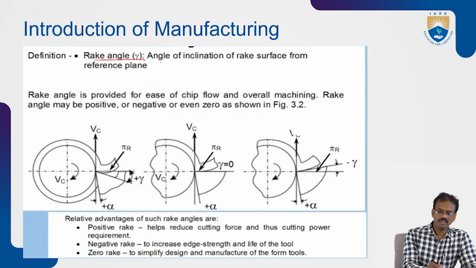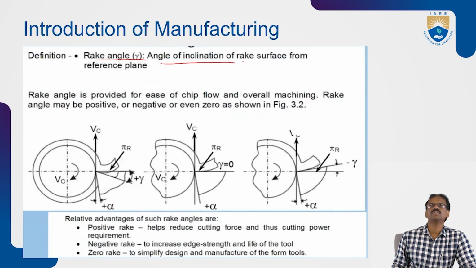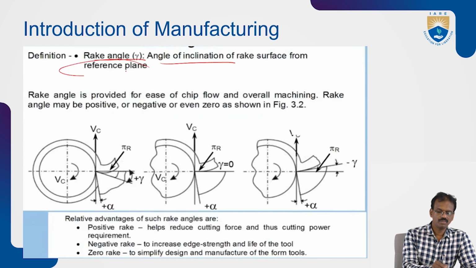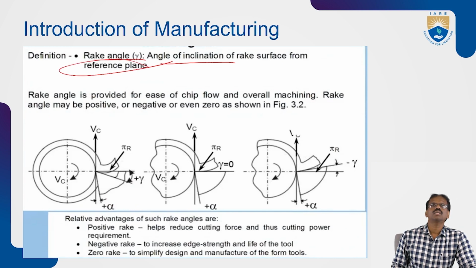Rake angle is the angle of inclination of the rake surface, the top face of the tool bit, from the reference plane. Rake angle is provided for ease of chip flow, easy chip sliding on the face while machining is performed.